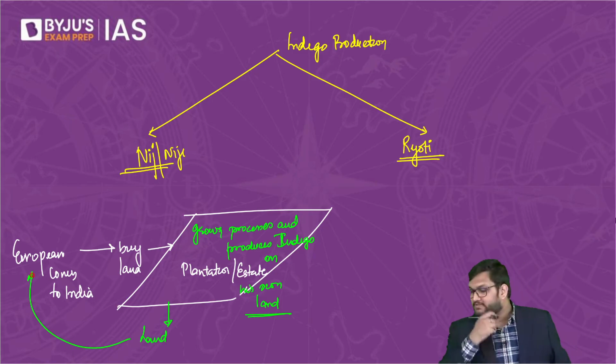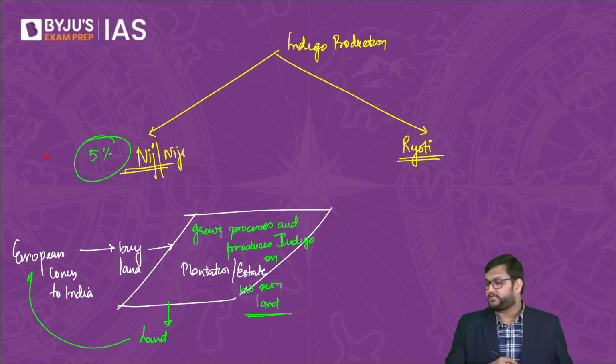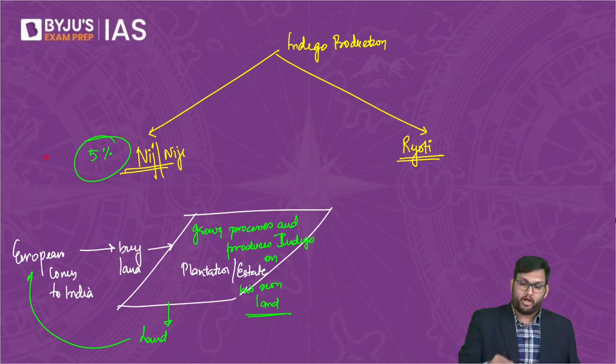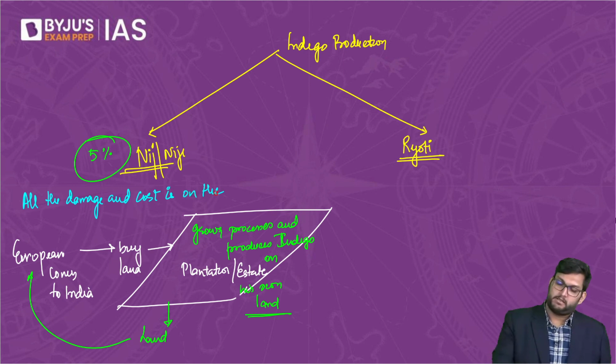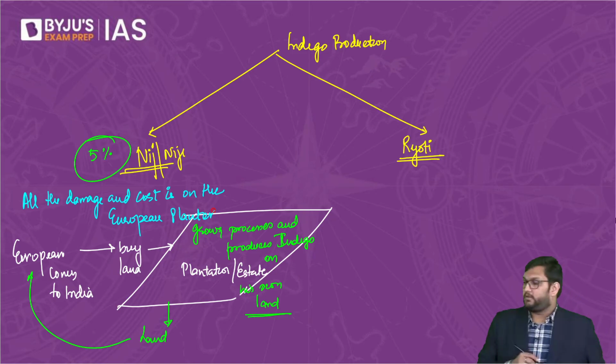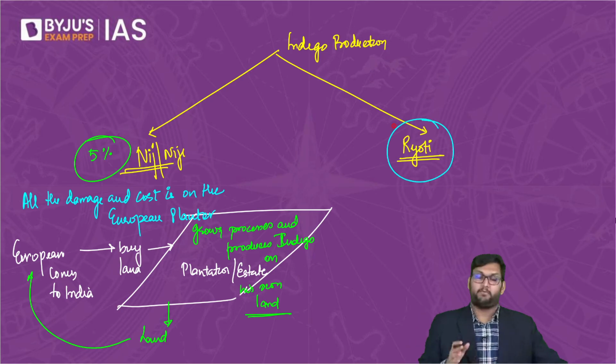But is this an advantageous system for the Europeans? No. That is why only 5% of all indigo production in India was Niji, because all the damage and cost is on the European planter. So rather they went for what is called Ryotwari.